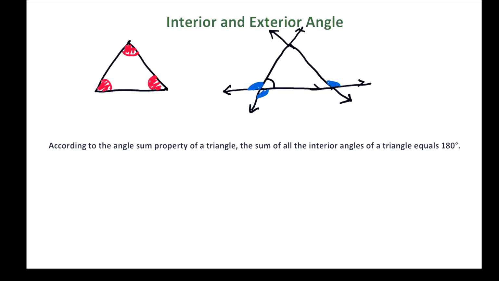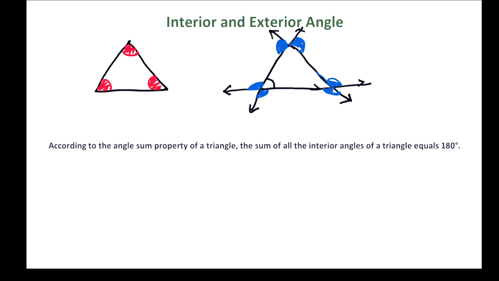We find an adjacent angle here by extending this side. We found one more adjacent angle, an exterior angle. We found another exterior angle. So exterior angles are formed when we extend the adjacent sides. This is exterior, this is exterior, this is exterior, and this is exterior.